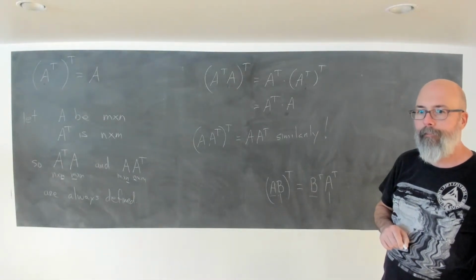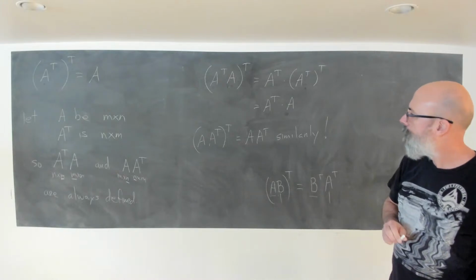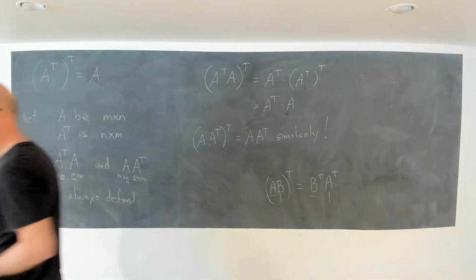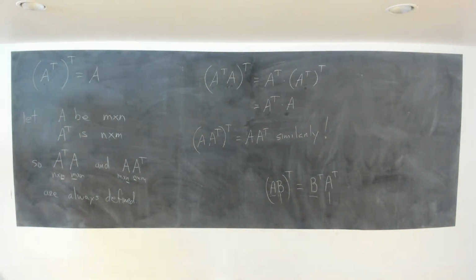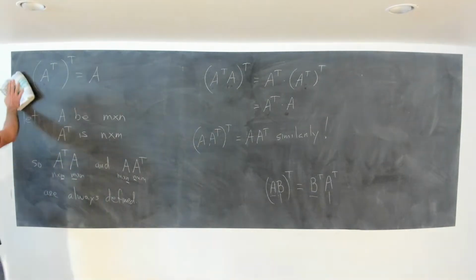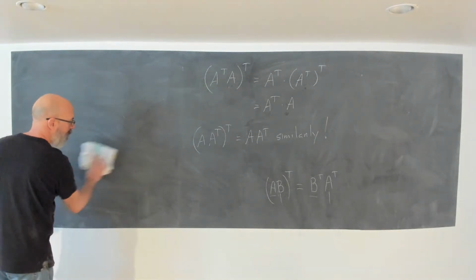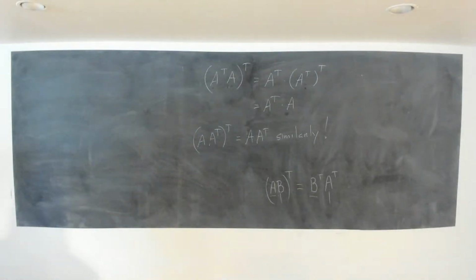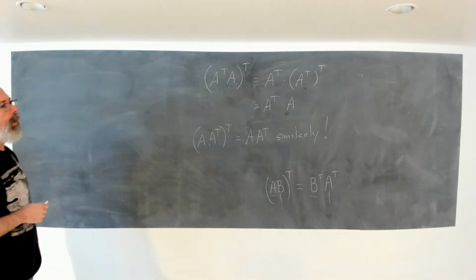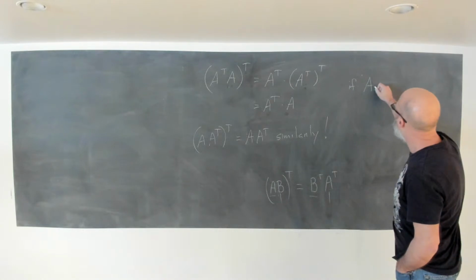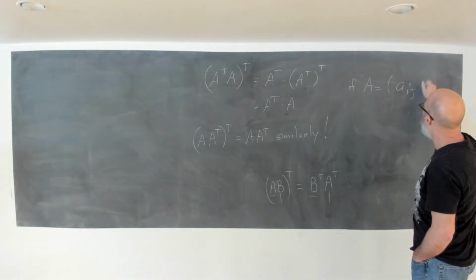How are we doing? I think we had defined the notation Aij, right?